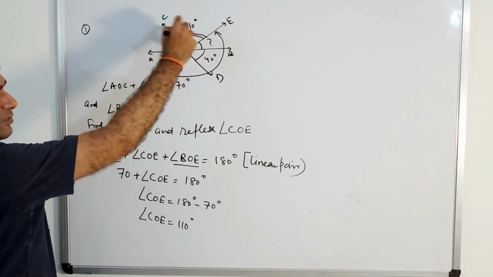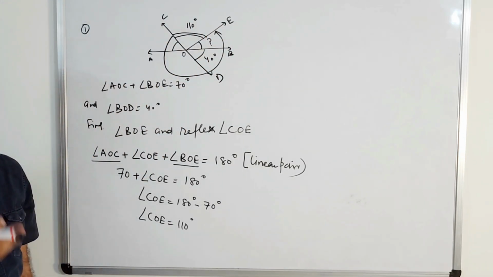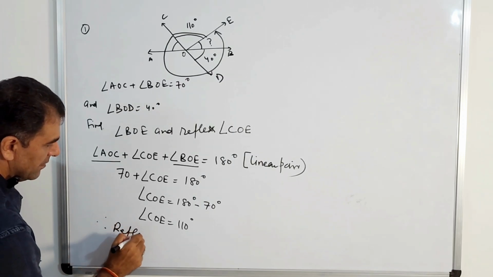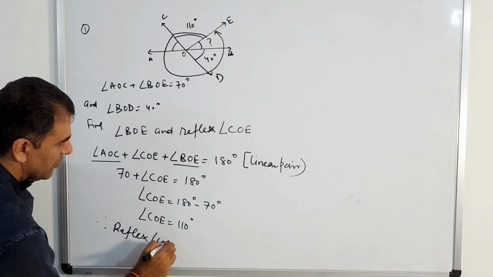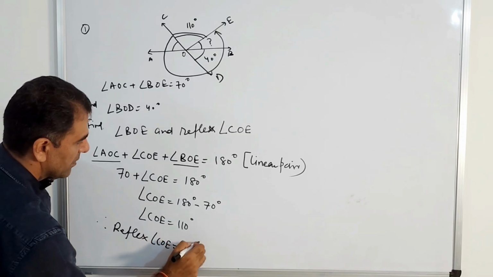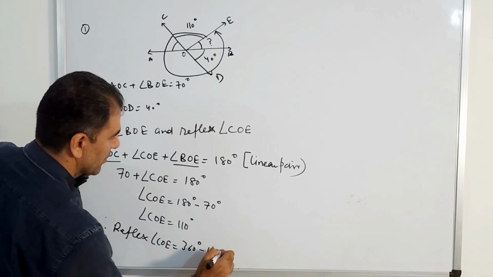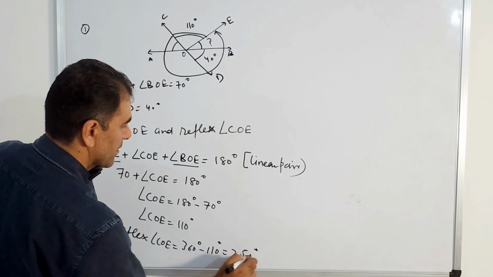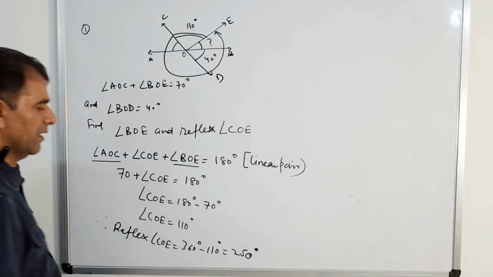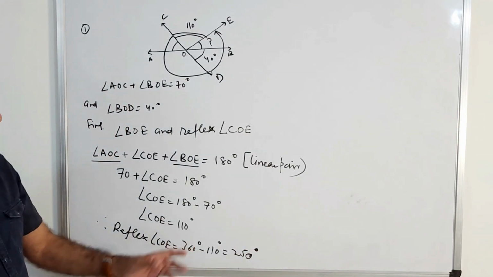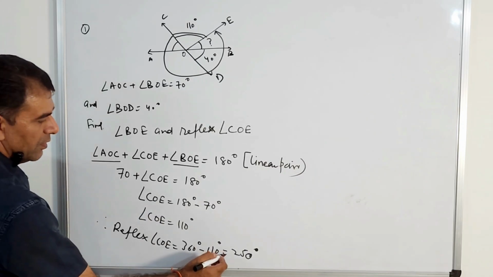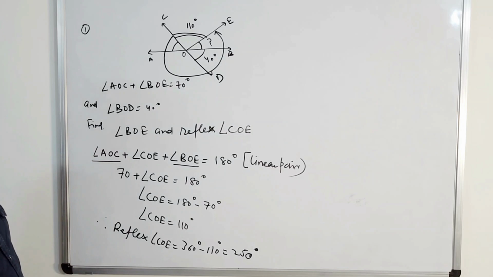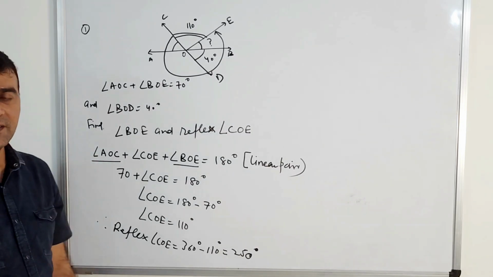This will be the reflex of this angle, meaning 360 minus 110. So reflex of angle COE will be equal to 360 minus 110, which is 250 degrees, right? It's very simple. So we have found the reflex angle of COE clearly without any problem. I think it is clear to you.